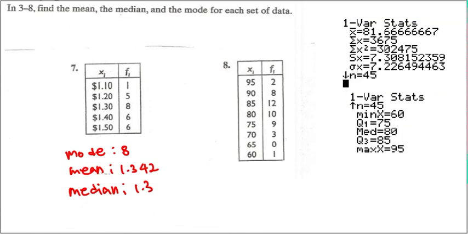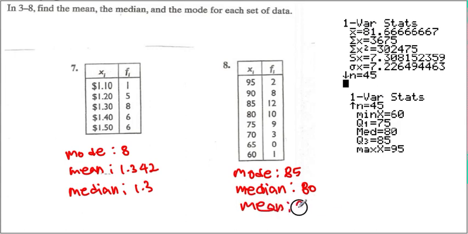All right, let's write down the values here. The mode is the most frequent, which is easy for us to look at, which is 85 because it has 12 of them. The median is 80 here. And the mean here is this value, 81.6 with the bar on top.